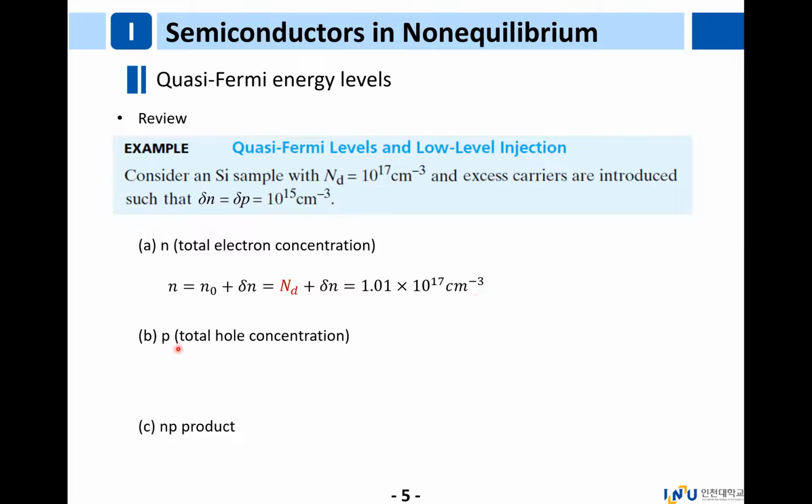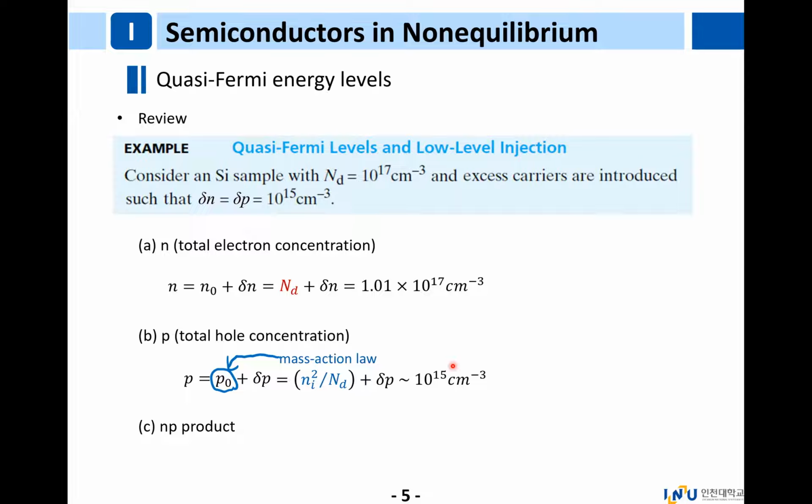Then the minority carrier concentration is similarly given by p0 plus delta p. And using the mass action law to find p0, and adding delta p, we obtain a value close to the excess carrier concentration.